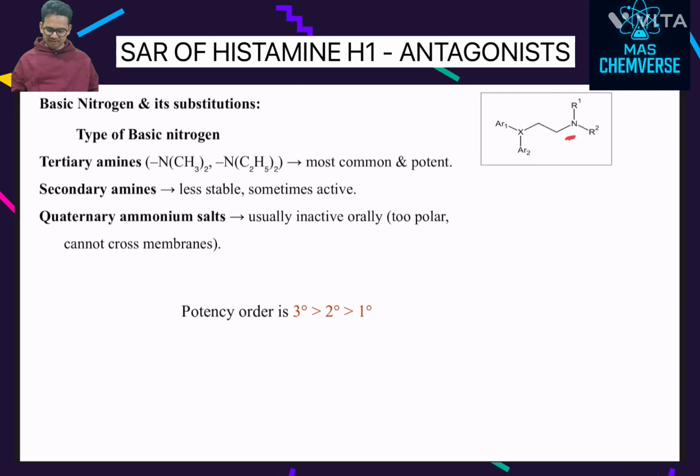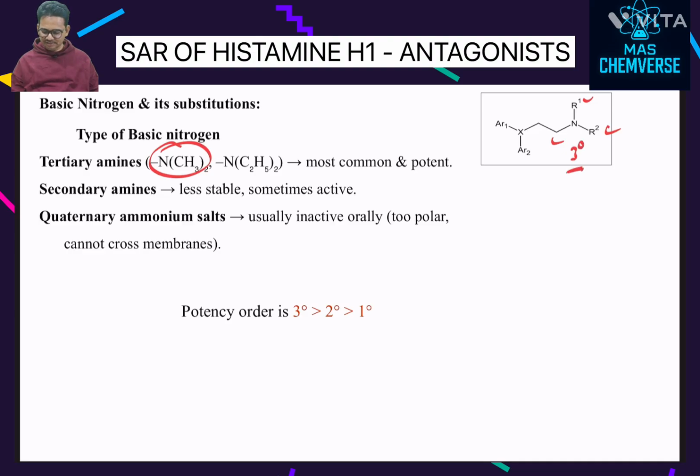Then the basic nitrogen, which I told you about. It should be in the tertiary form, because there is one substitution here, one here, and one here: all 3 hydrogens of ammonia are substituted.